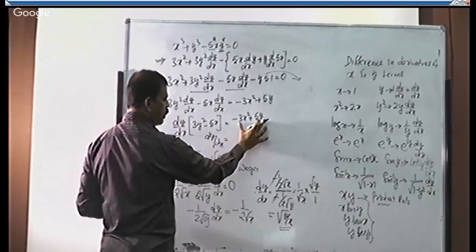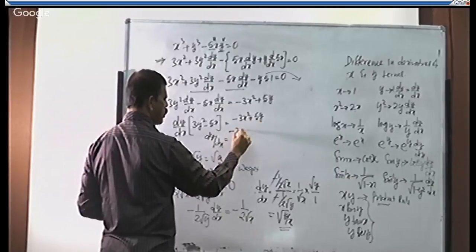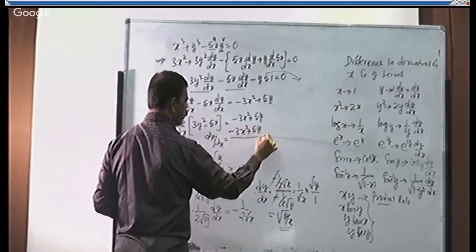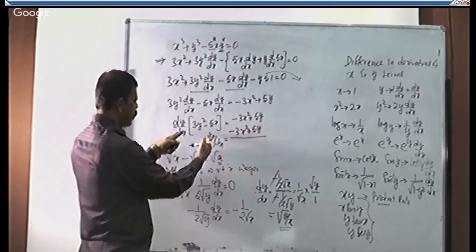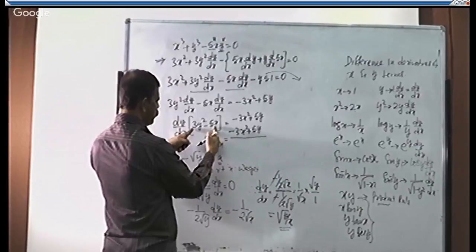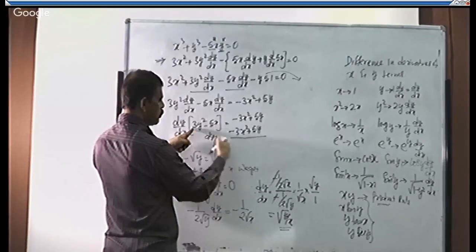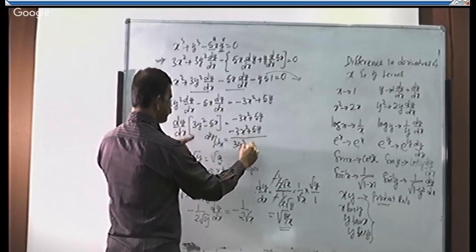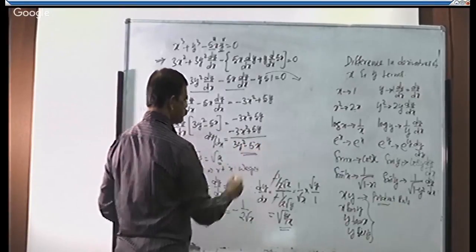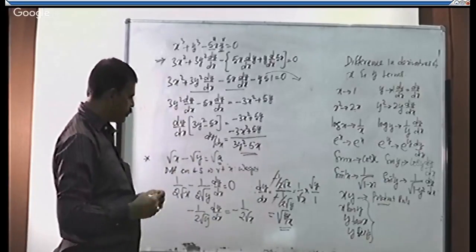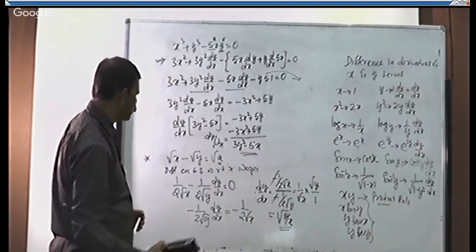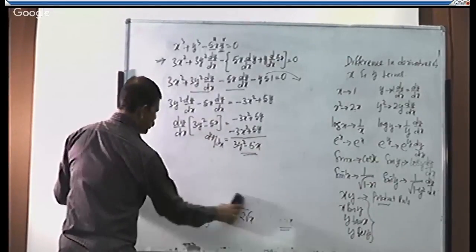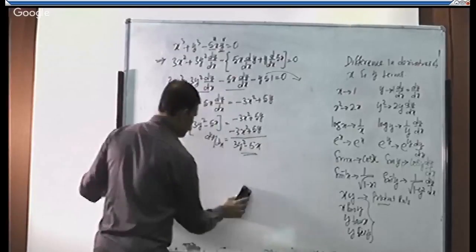First write the right side term, that is minus 3x square plus 5y divided by the product form. This factor has to be taken to the denominator of the right side, 3y square minus 5x. So dy by dx is minus 3x square plus 5y divided by 3y square minus 5x.